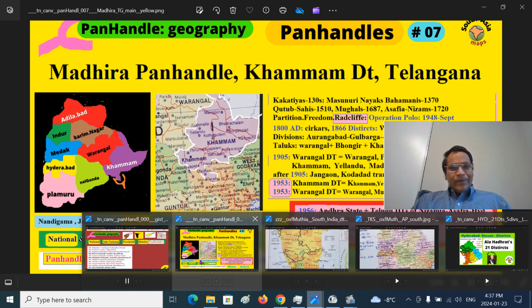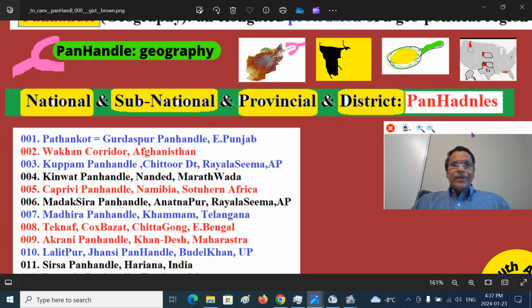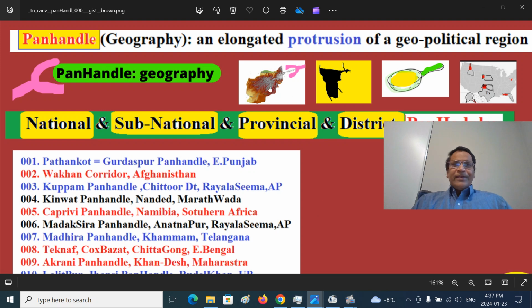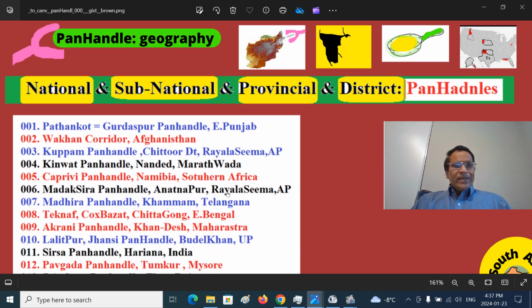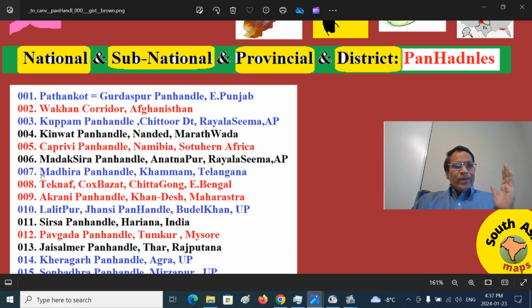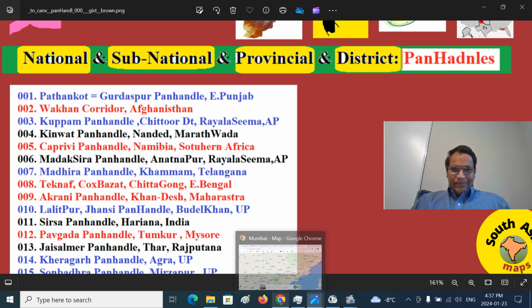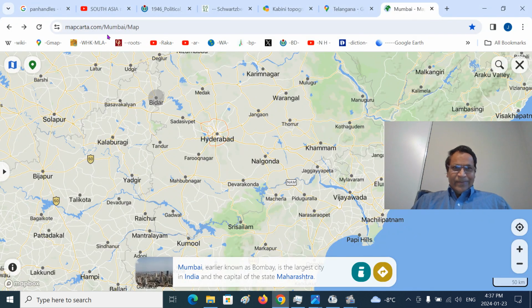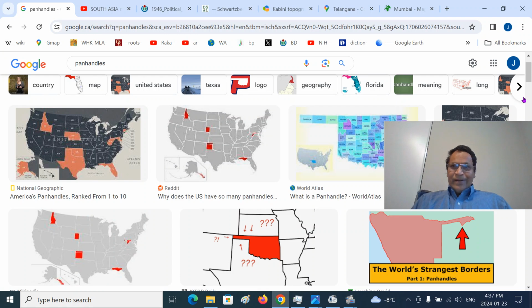We have also covered various panhandles before. This is the Afghanistan panhandle, Wakhan. This is the Namibia panhandle, Caprivi. This is the pan. This is the handle. Yes, there are many panhandles. Today we are looking at number 7, Madhira panhandle, Khammam district, Telangana region of Dakshina.